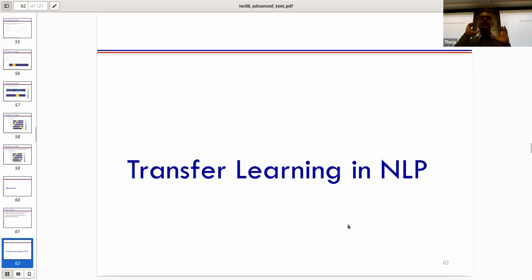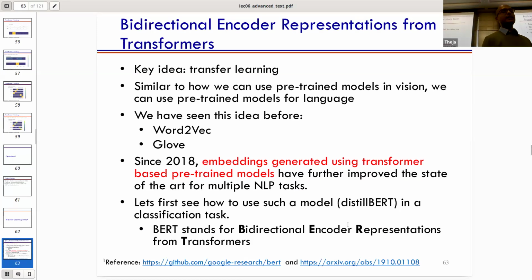We're going to look at the application of sentence classification and the idea of transfer learning for NLP models. For that, the model we're going to look at is called BERT. The way we're going to use BERT here is as a pre-trained NLP word representation model. As I said before, we have seen word2vec and GloVe in assignment 3 already.